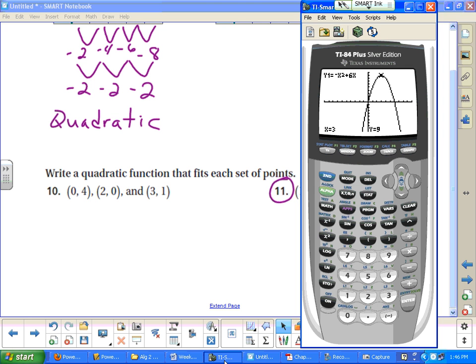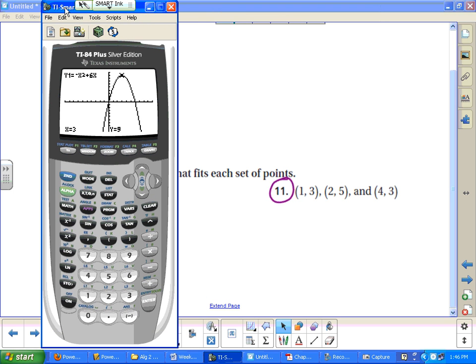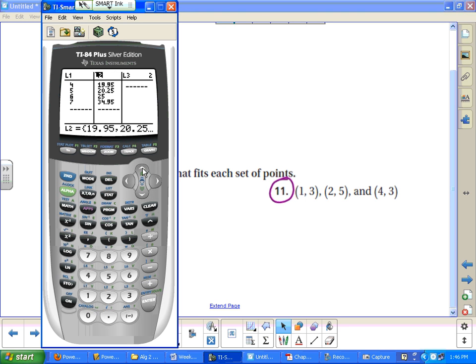So what do I do with the calculator to find the model that fits this? So first I'm going to go into my y equals and clear it. All right, go to stat, and then edit. So clear your lists first of all. Stat and edit. Stat's right in the middle.